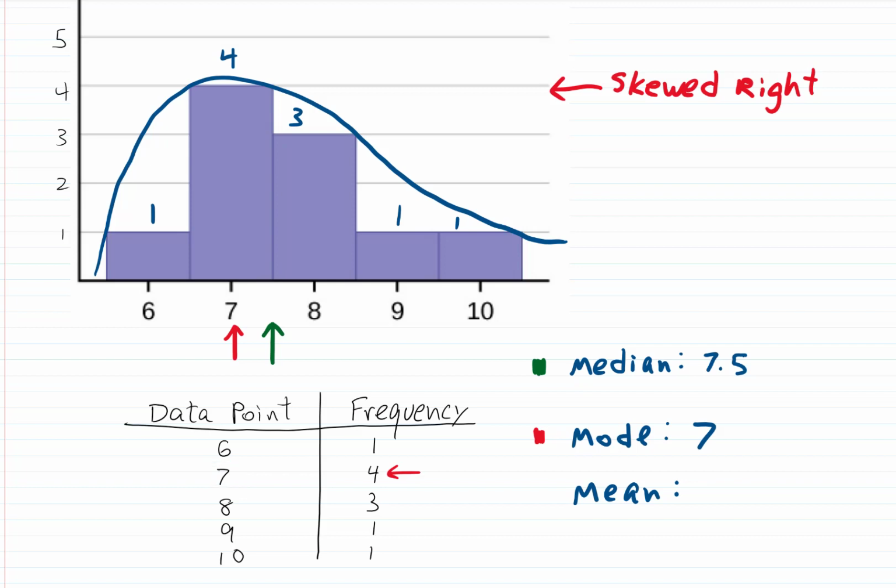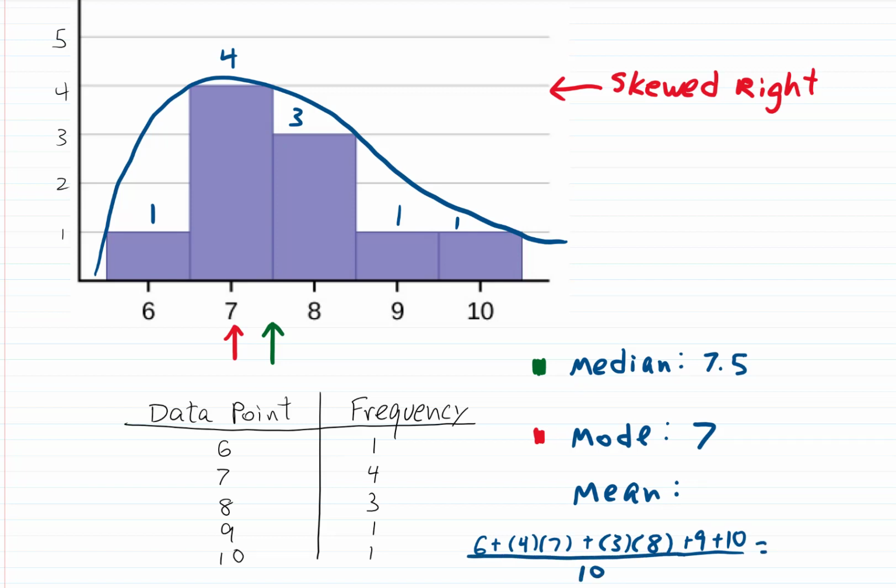Okay, let's find the mean. So there's a 6 and 4 7s and 3 8s and a 9 and a 10. And that's a total of 10 numbers.